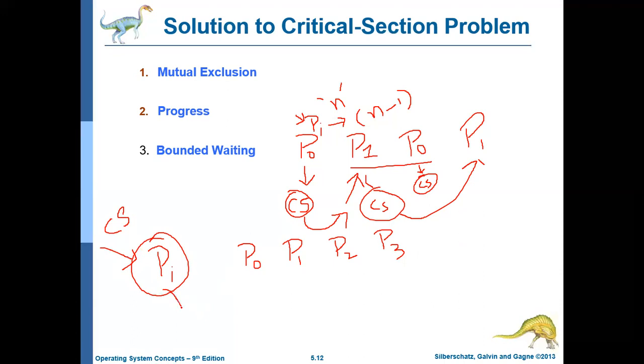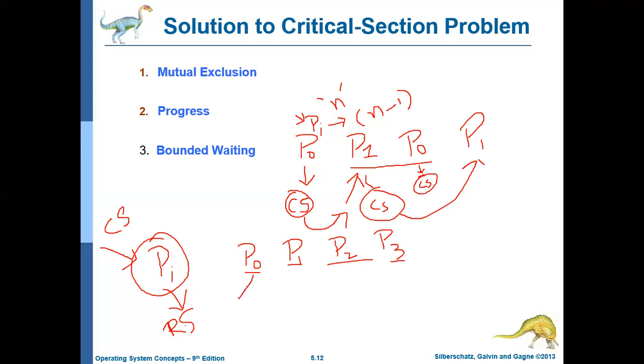Now Pi comes out of the critical section, that is, it is in the remainder section. This is the order: first P0 came and waited for the critical section, then P1, then P2, then P3. Then they should get it in this order.